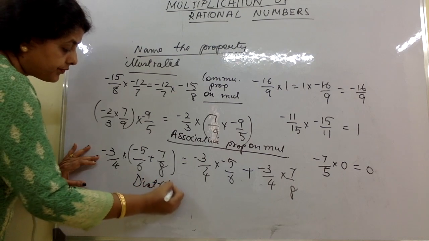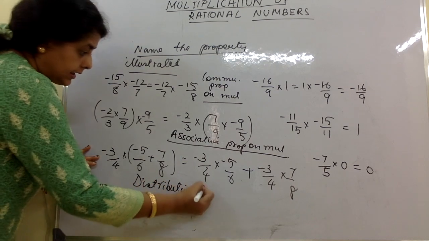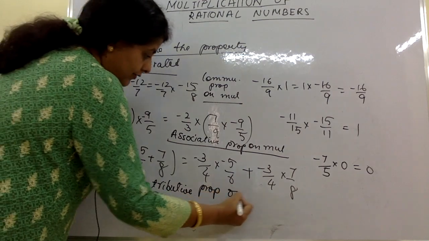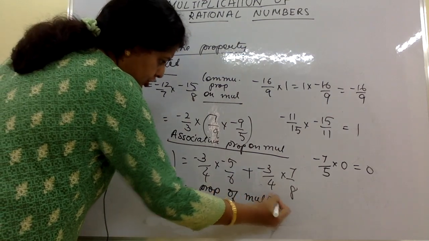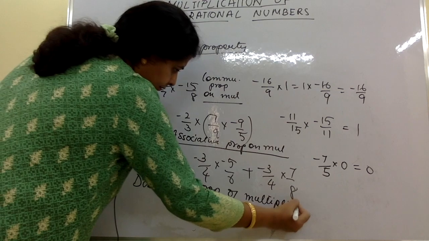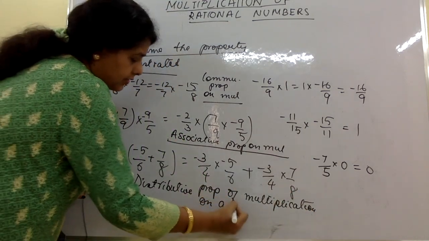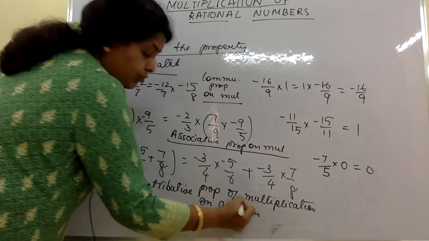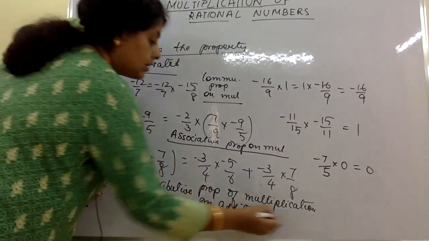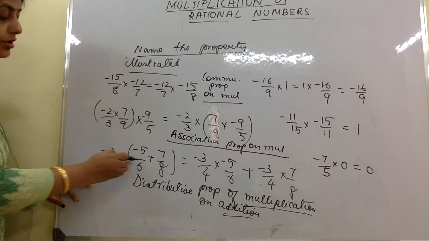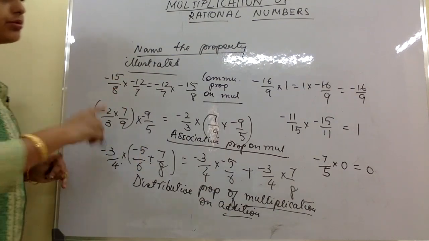Again must say A into B plus C, A into B plus A into C. Distributive property of multiplication on addition. Okay, must mention both operations, addition and multiplication. We have multiplication here and addition here, and this is distributive property.